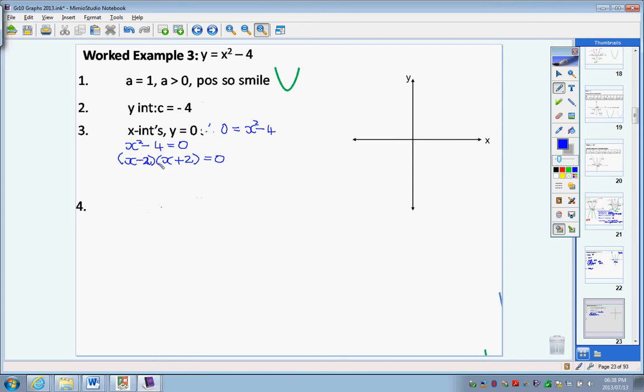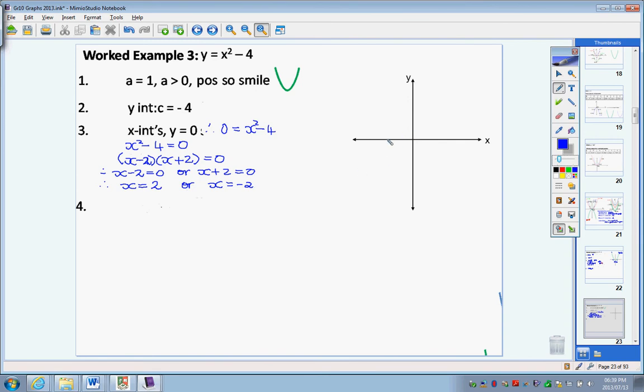So something times something else gives you 0. One of these two equals 0. So therefore x minus 2 equals 0, or x plus 2 is equal to 0. And therefore x is equal to, over here, positive 2, or over here x is equal to negative 2.